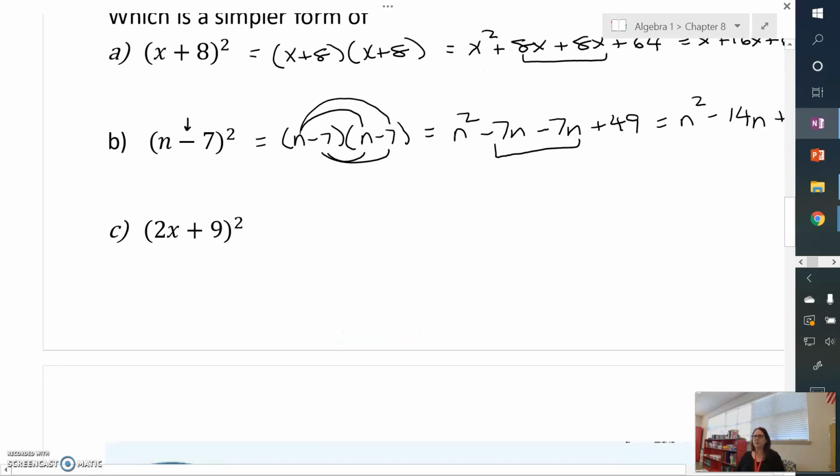Now let's do one that's a little bit more complicated, 2x plus 9, and we're going to square that. 2x plus 9 times 2x plus 9.